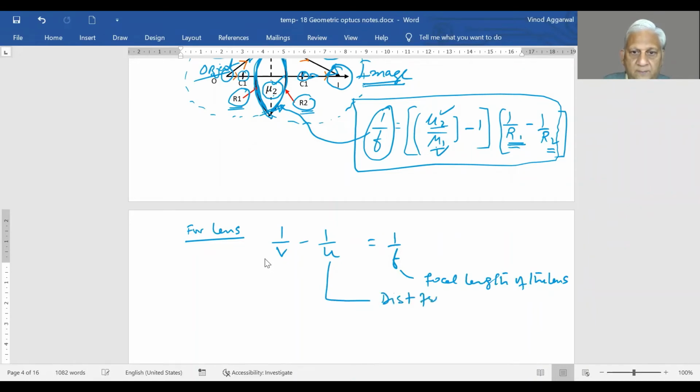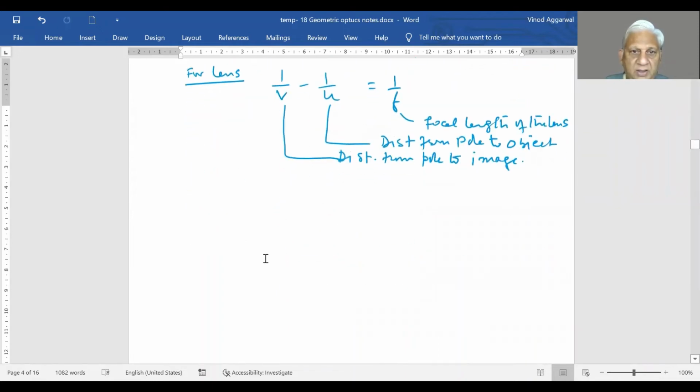This is distance from pole to object. This is distance from pole to image.